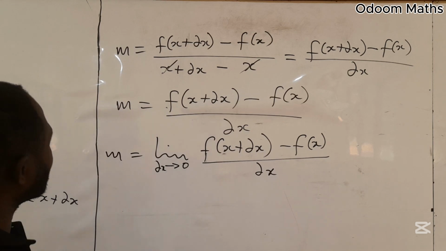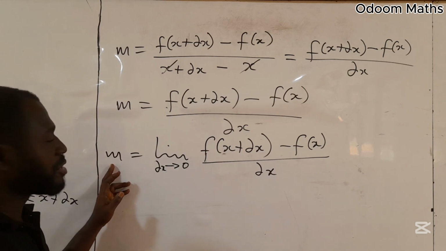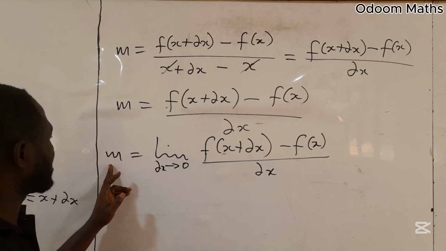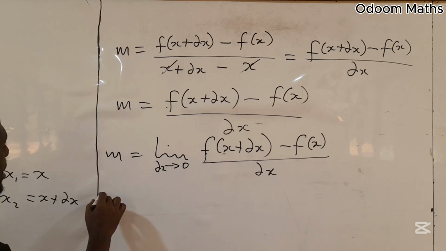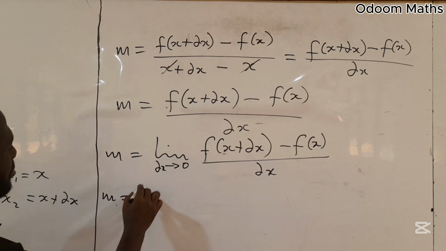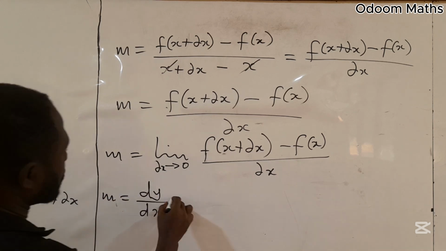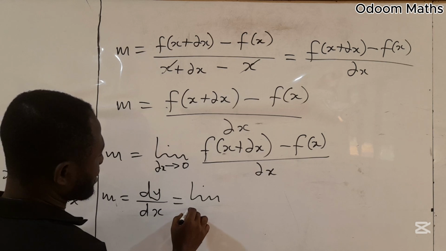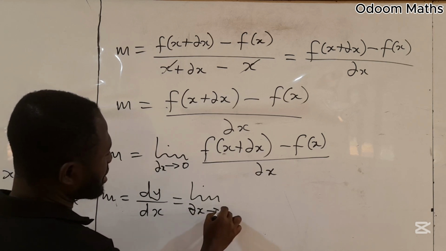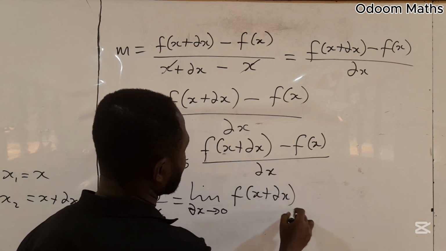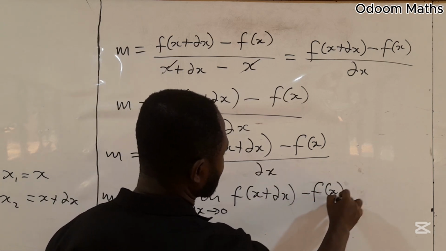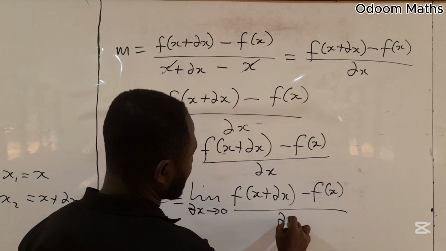Okay, so let me change this to dy dx. That is change in y over change in x. So m is now equal to dy dx, which is equal to the limit as del x approaches 0 of f of x plus del x minus f of x all over del x.